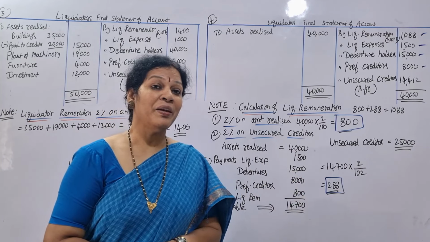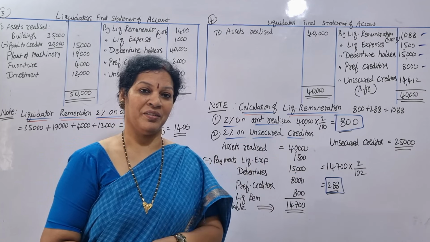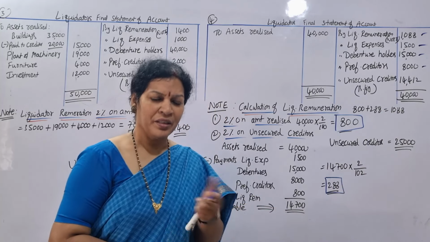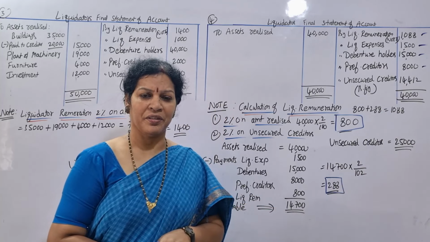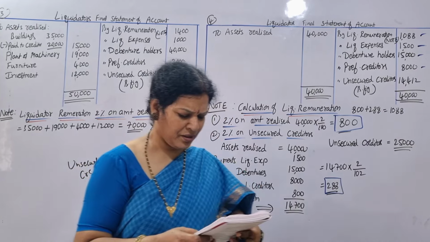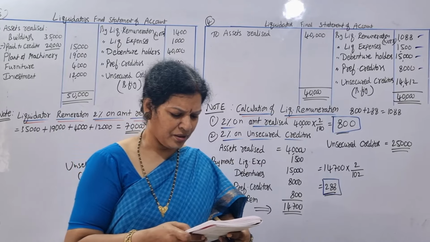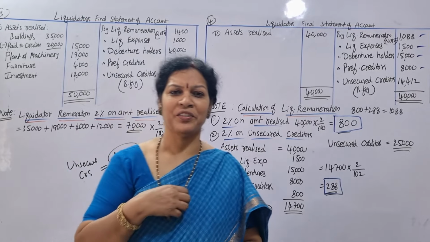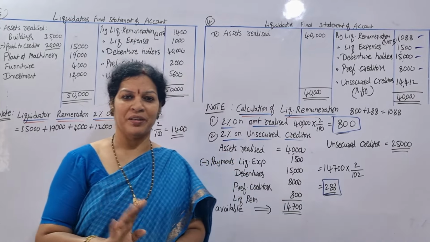If at all we had a lot of amount, we would have paid 25,000. If anything is left, that will be given to whom else? No one is there. Generally, equity shares or preference shares will be given.